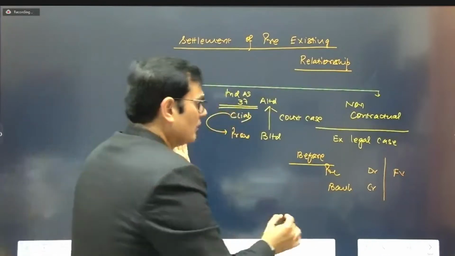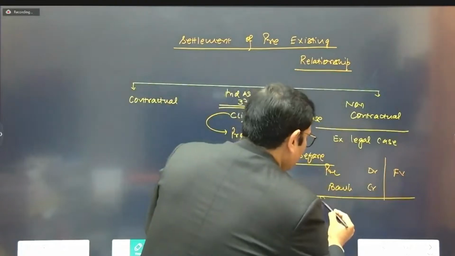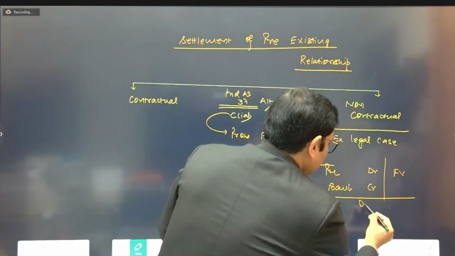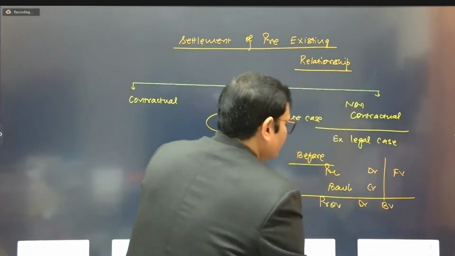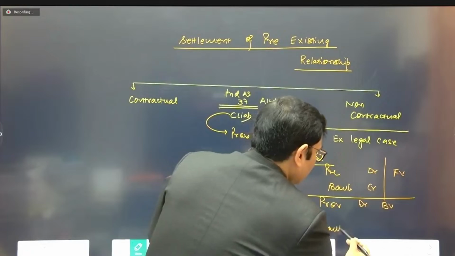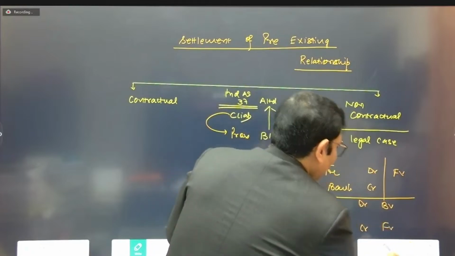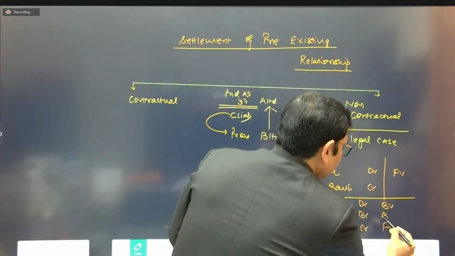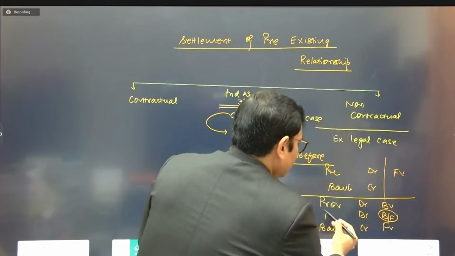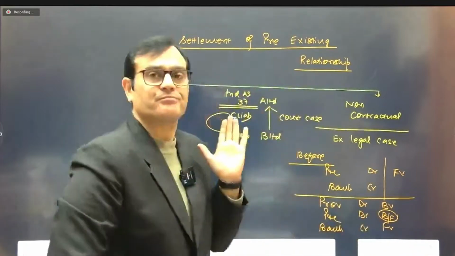Not a problem. Then you can put the entry provision gets a debit to the extent of book value. The bank gets a credit to the extent of the fair value. And any balancing figure in this particular case is going to be taken in the profit and loss.